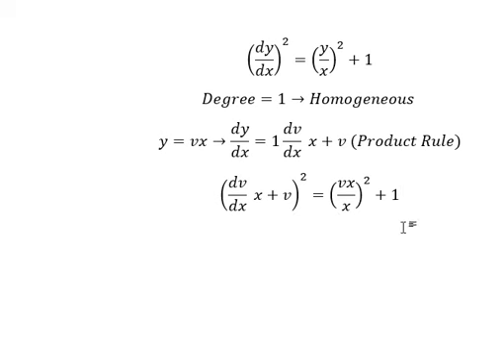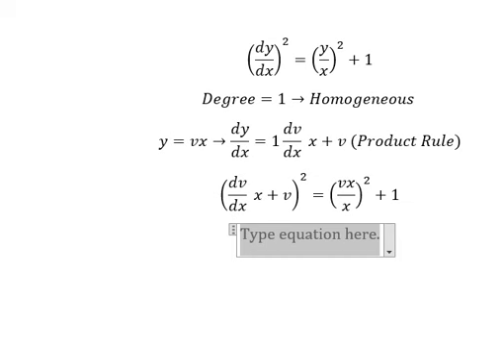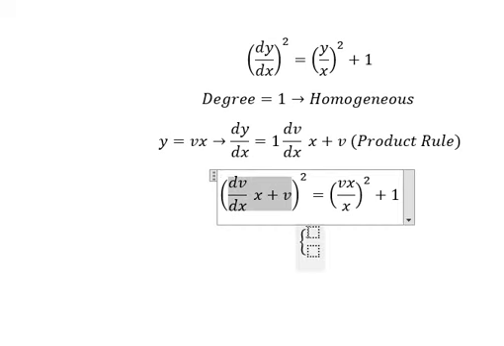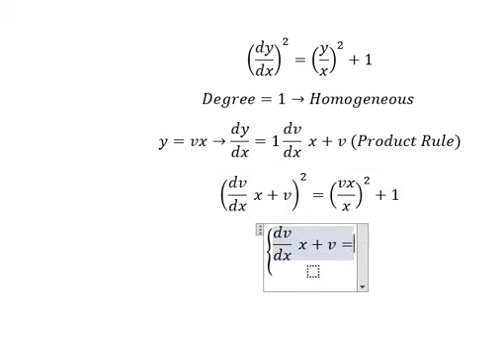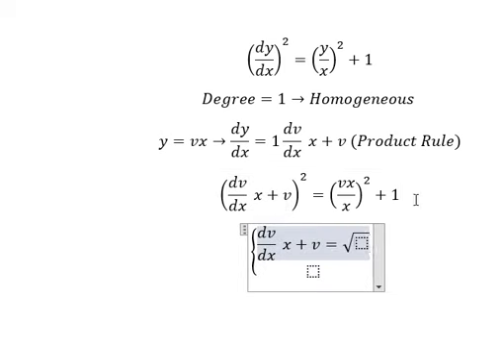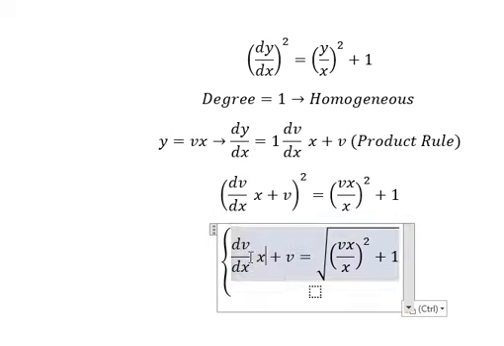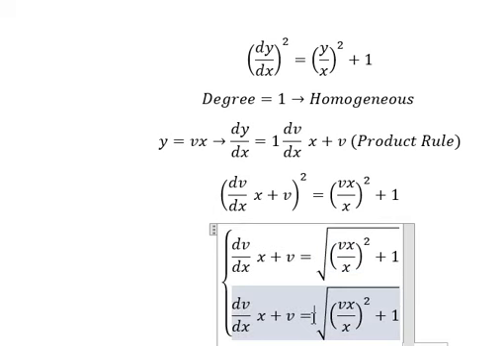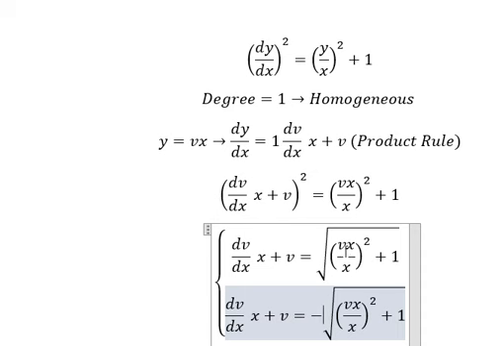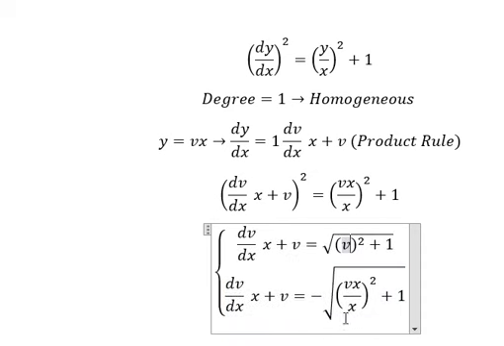Next, we put the square root for both sides, and we have this one equals to the square root of this one. And the second one, we put the negative sign here. So s divided by s, now we just have only v.